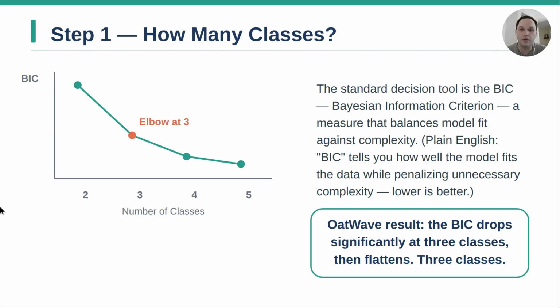The way you run it, run LCA for 2 classes, 3, 4, and 5, and calculate the BIC each time. Plot those values and look for where adding another class stops meaningfully improving the fit, where the curve bends and flattens. For OatWave, the BIC drops significantly from 2 classes to 3, drops less from 3 to 4, and barely changes from 4 to 5. The bend is clearly at 3 latent classes.